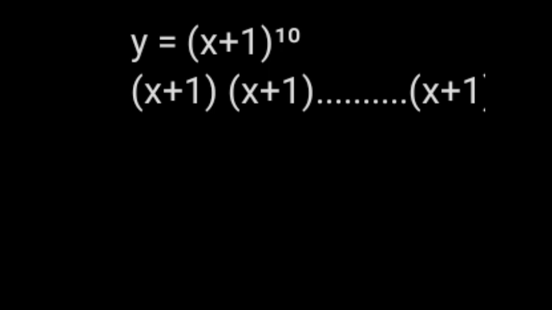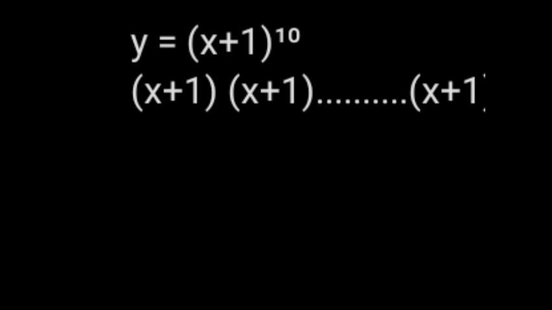Normally, with a quadratic equation, we are known to open the bracket. But if we should open the bracket 10 times and multiply all together, it's going to be a very strenuous activity, and we will not be able to know the differentiation of that equation.